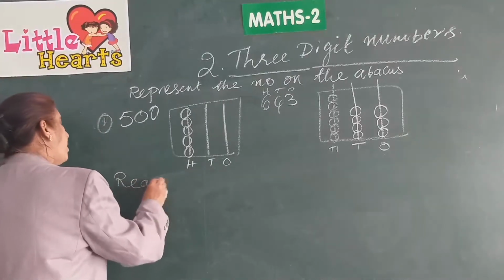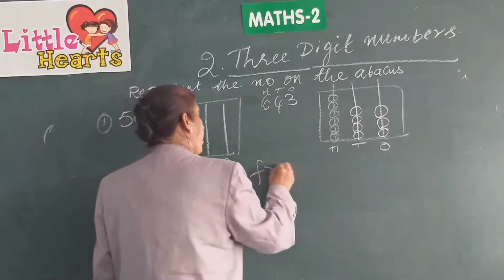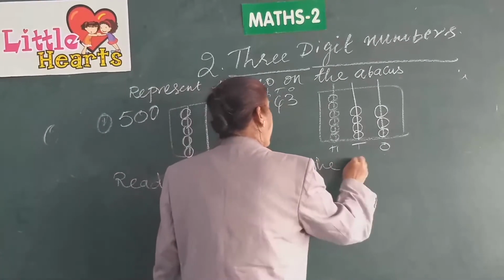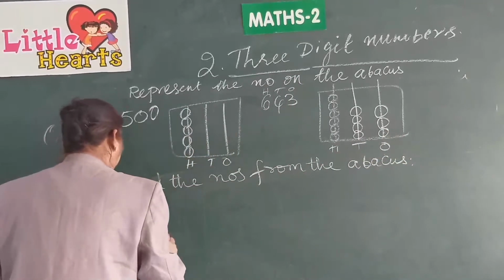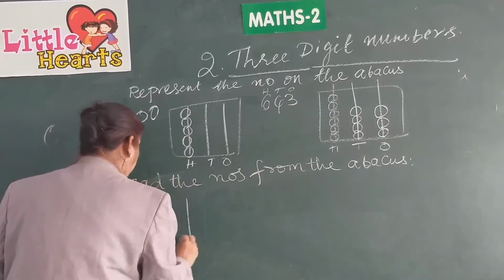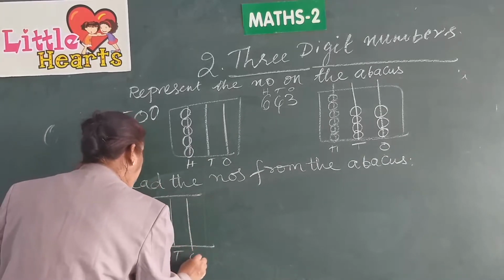Read the numbers from the abacus. Hundreds, tens, ones.